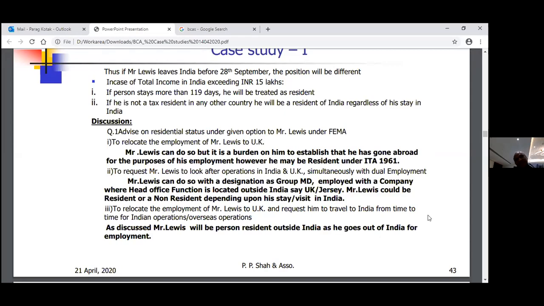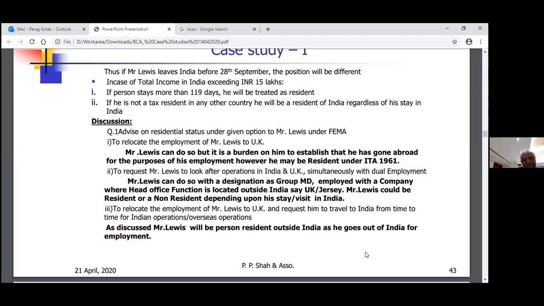Also, I would like to think that if he were to turn to be NOR and these arguments do not work, then probably most of the provisions which are applicable to non-residents in the IT Act will not be applicable to him, which will take away a number of concessional tax treatments of income as resident and not as a non-resident.